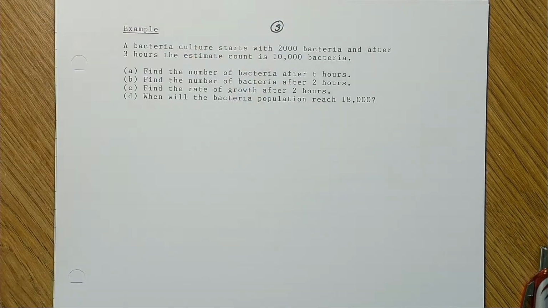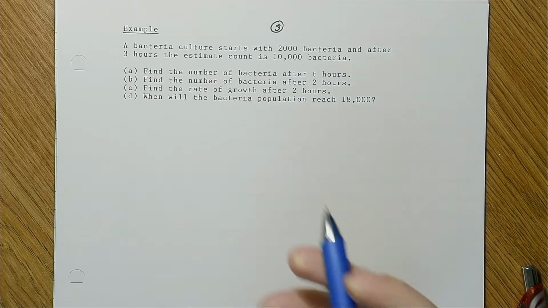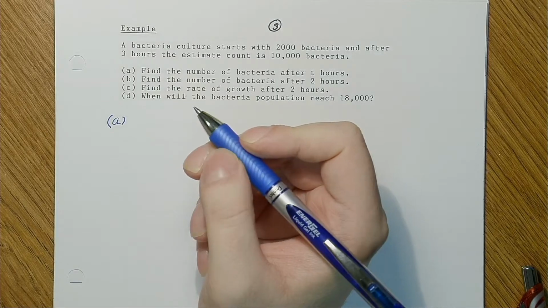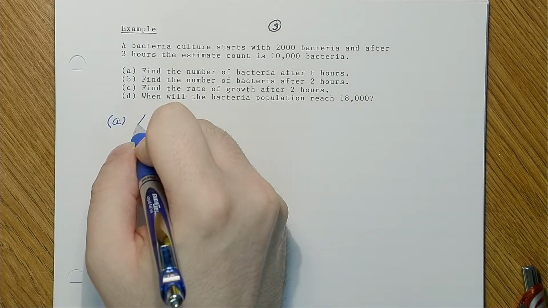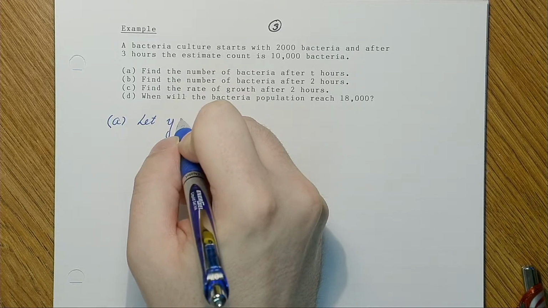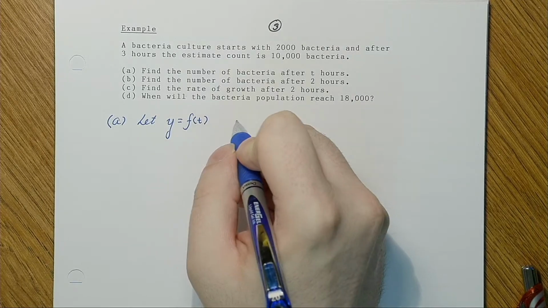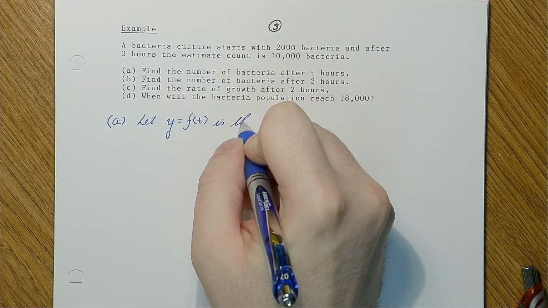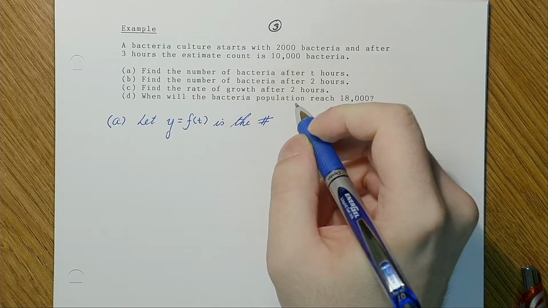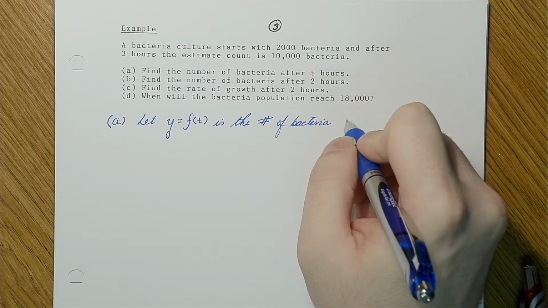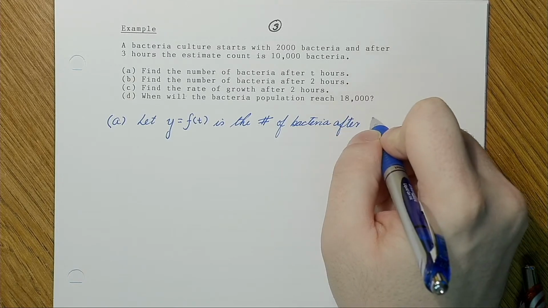Okay, I'll switch to just a blue pen for this. For A, we're going to start off by defining our function. We'll say y, or f of t, is the number of bacteria after t hours.